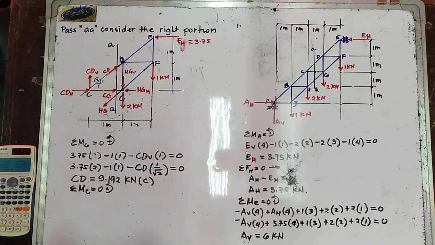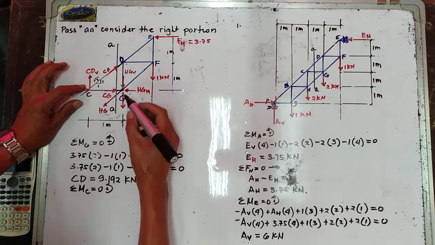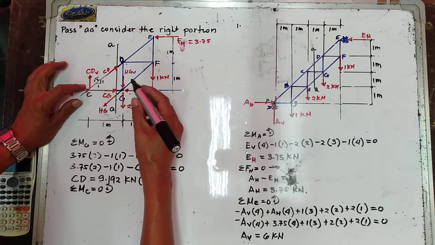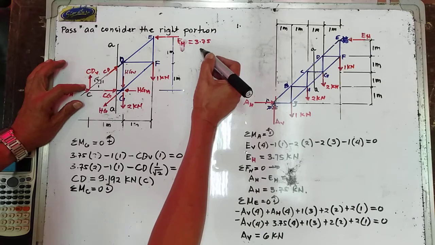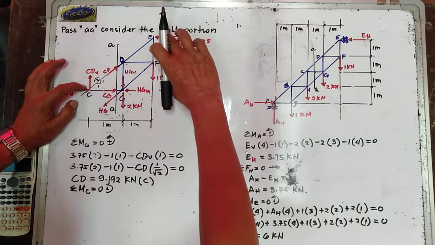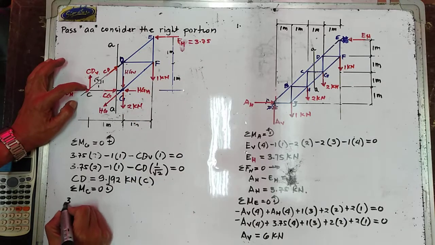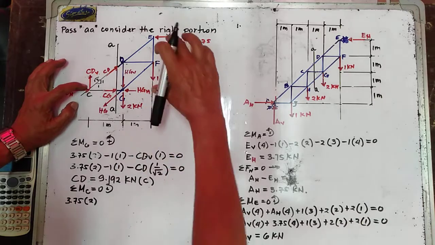Now, moment about point C. So the only forces that will have moment about point C. So we now have your 3.75. The moment arm is 2. 3.75, multiply this one by 2.